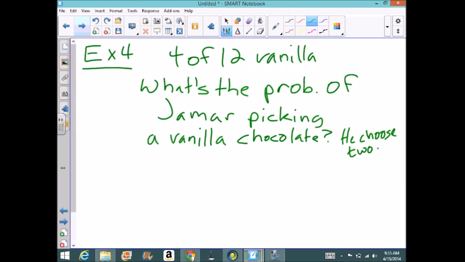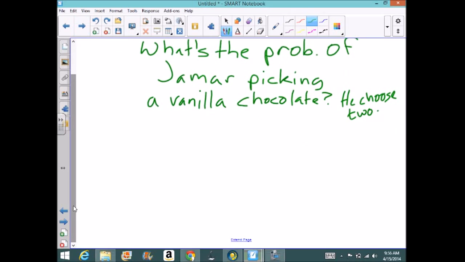So the first thing we need to do is calculate the sample space, and the sample space is we're going to choose 2 things out of 12, and so that's a combination. So 12 choose 2 would be 66, and that's our sample space. Now the next thing we would need to do is figure out the total possible outcomes of the event of choosing vanilla.